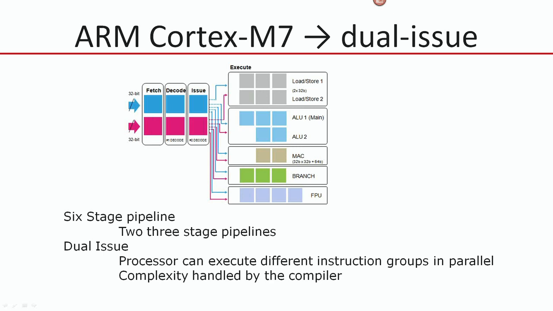This allows a dual issue of instructions, and also the processor is capable of processing different groups of instructions in parallel. So this greatly improves the performance of the Cortex-M7. And fortunately for the programmer, there's no additional complexity in programming. This is all handled by the compiler, so it's really a challenge for the compiler vendors rather than the end user. We just write our C code and we get a big performance boost on the processor.